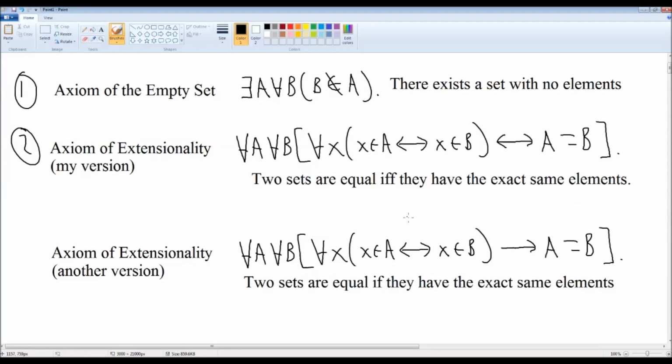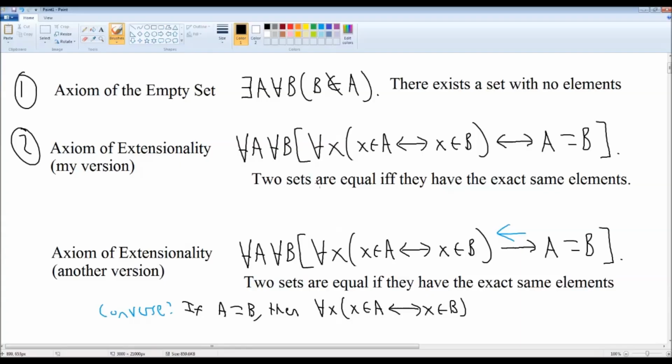Some books state a slightly different axiom of extensionality. The only difference is that their version has a one-way arrow. It has if instead of if and only if. However, the converse direction follows immediately from logic because if A is equal to B, then there's a logical axiom or rule of inference, I'm not sure actually which you're supposed to call it, which says that we can substitute A for B or B for A. If we substitute, it turns into this, which is true.